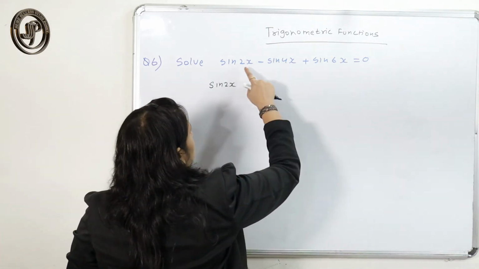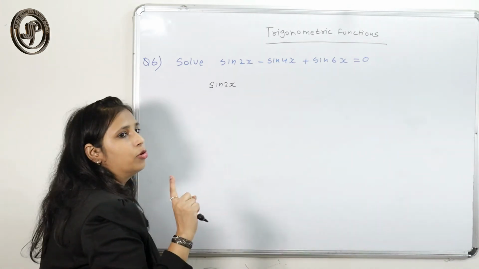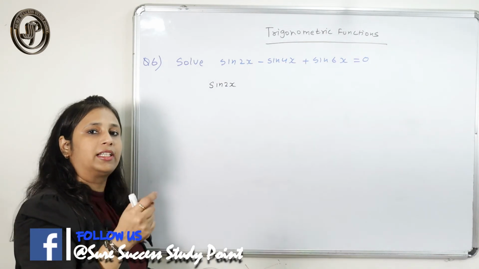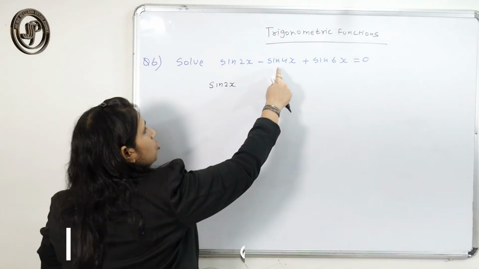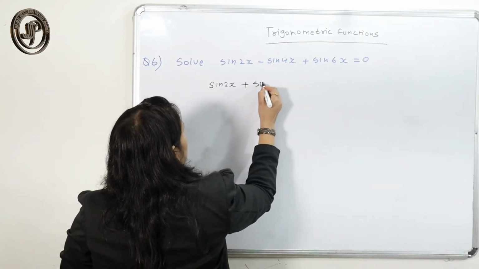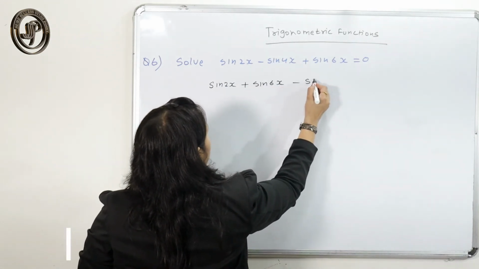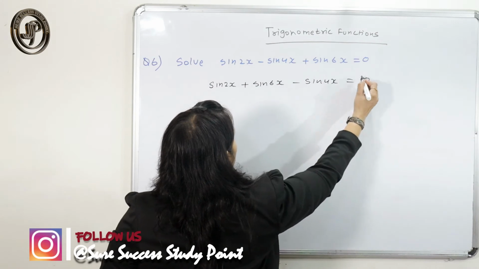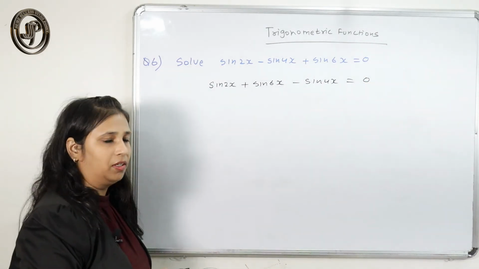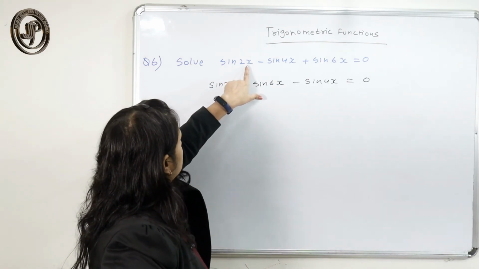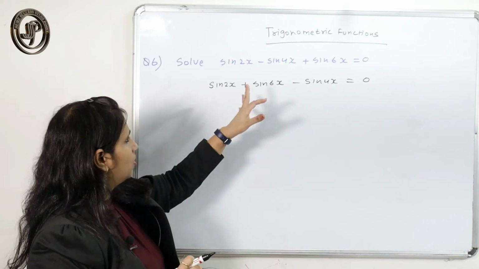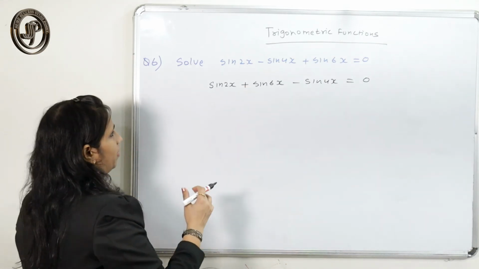If you take these 2 angles and add them, you get 8x, and if you divide that 8x by 2, you will get 4x. So you are getting this thing. That's why I am taking the grouping of these 2 together. Okay, so first you have to make the grouping of the angles in such a way that if you add these 2 and divide by 2, you get the third one, then this way you can make the group.